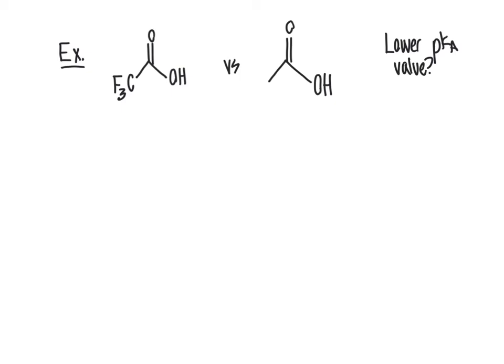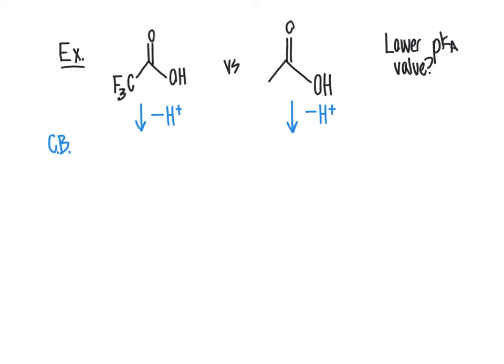So taking a look at these and trying to determine which is more strongly acidic, what we can do is evaluate the stability of the conjugate base products that would result from losing a proton from each of those. So I'm going to put minus H plus to indicate that each of these is going to lose a proton by reacting with a base.